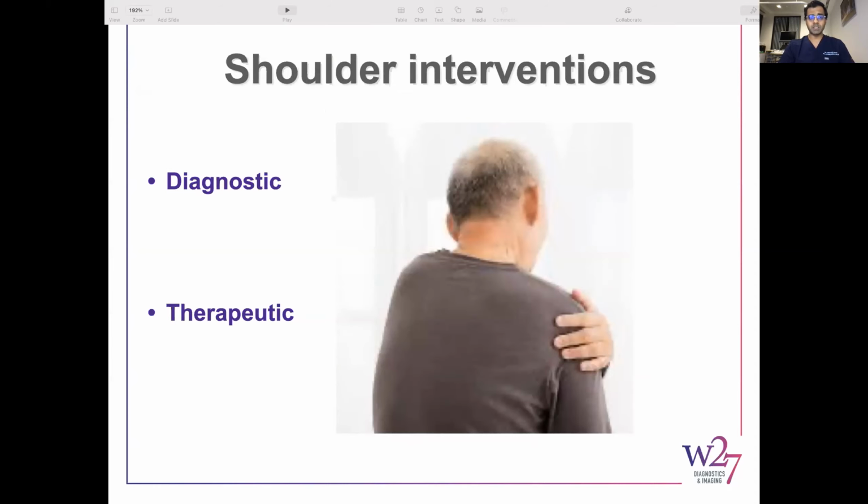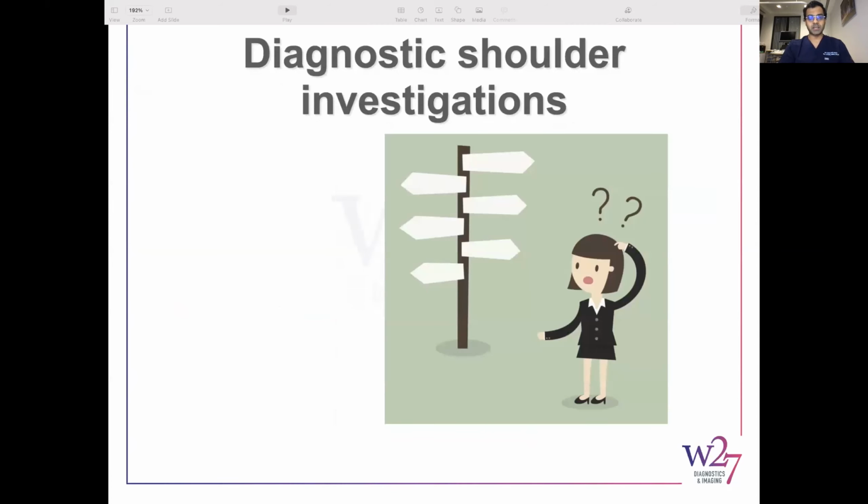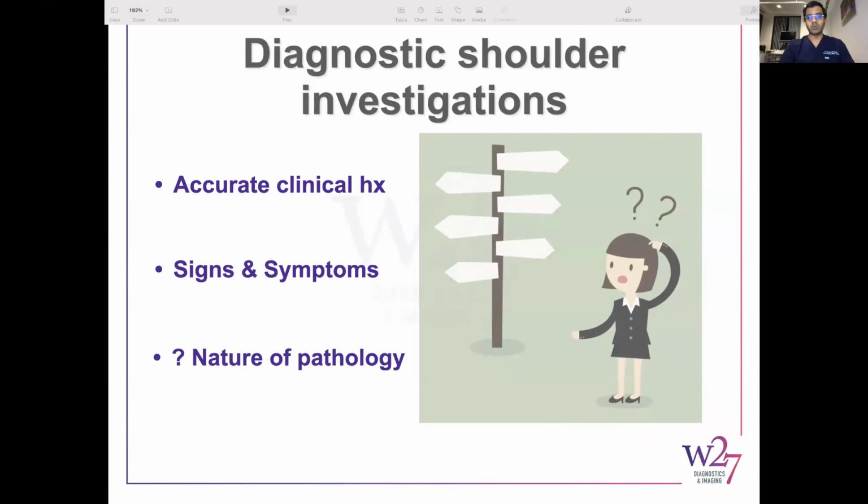So in terms of shoulder interventions, what do we have in our armory? Well, I've divided the talk into diagnostic and therapeutic shoulder interventions, and focusing on the diagnostic stuff first. What dictates the kind of imaging modality you choose? Well, that often is dictated by accurate clinical history taking and clerking at the time, and based on those signs and symptoms that you look for and examine for will determine your differential diagnosis and the potential nature of the pathology that might be causing your patient's symptoms.